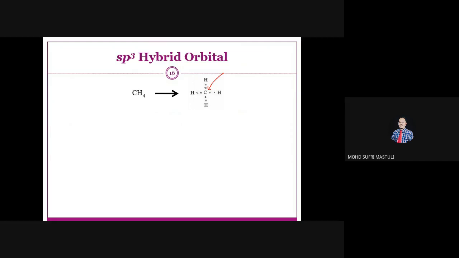It contains 0 lone pair, and how many bonding pairs? 1, 2, 3, 4. 4 bonding pairs. So the electron domain is 4. So the geometry should be tetrahedral, and the hybridization supposedly is sp3.